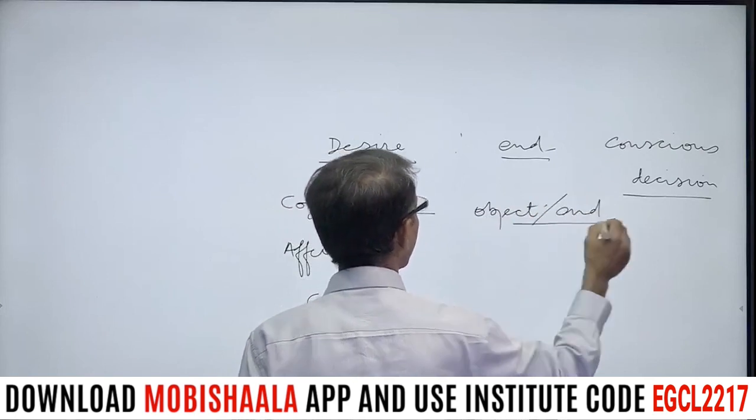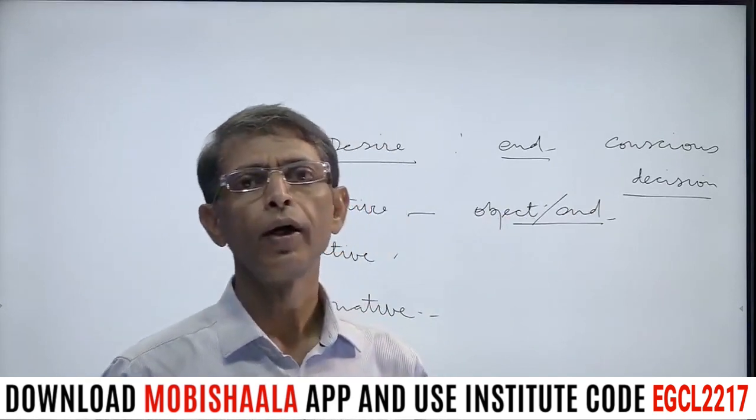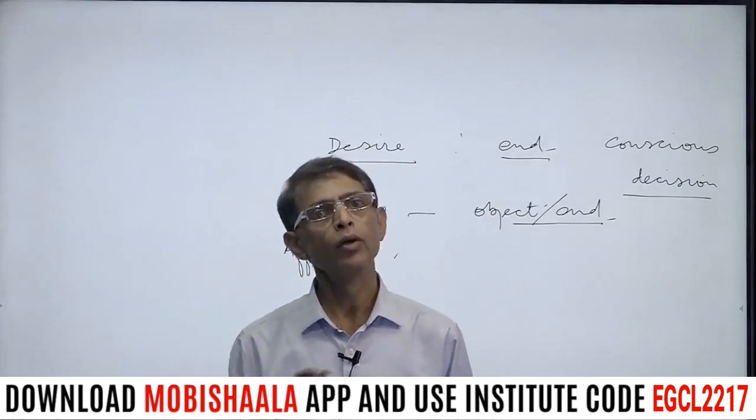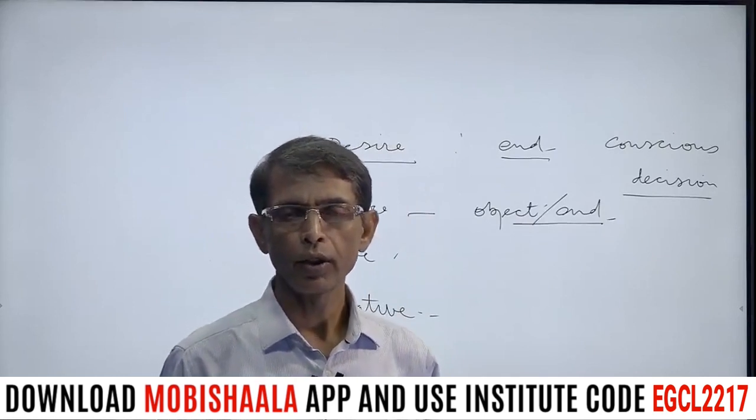Why do we call it by both names? If it is actual, then there will be an object, and if it is ideal, then there will be an abstract idea. So there must be a certain end. That's the cognitive state.